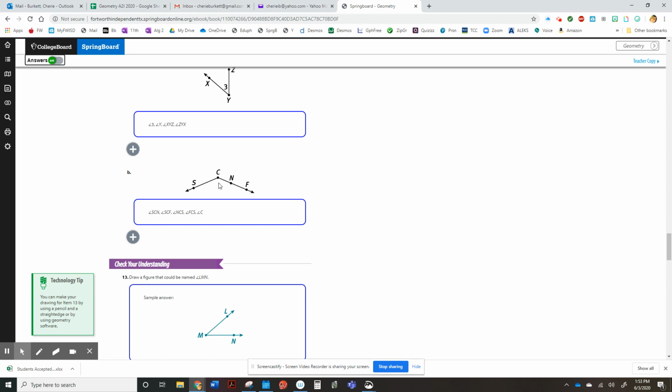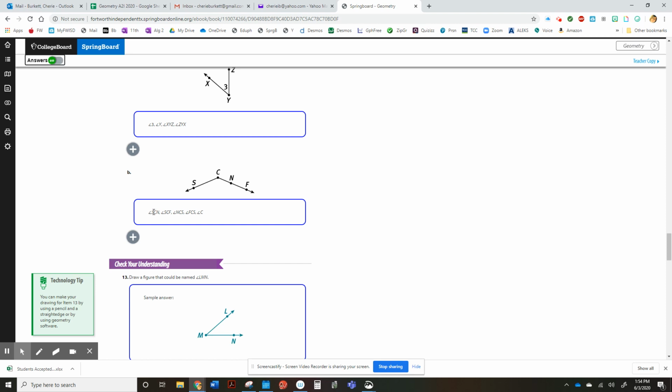If you were doing a proof or something later in the chapter and you want to put a number in there, you could call it angle 1, angle 2, angle 3, angle 4. That's fine. You just have to make it visible so that anybody looking at your paper knows that you named that angle 4. You wouldn't list it right here though, because we don't know that you added angle 4.